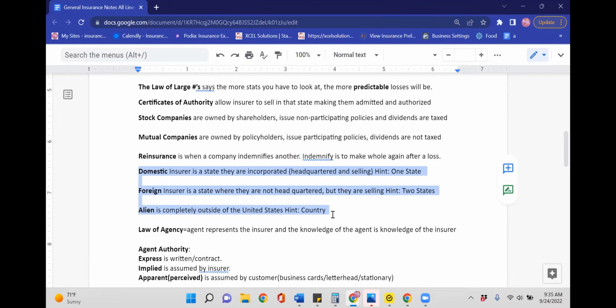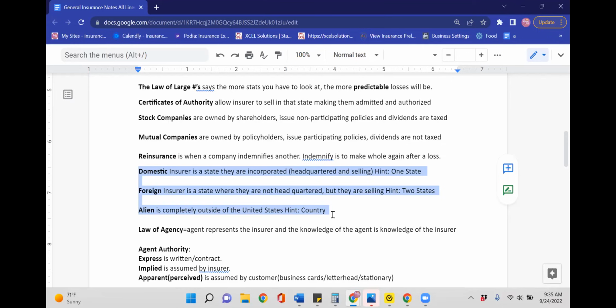Any business that you start, like even the Insurance Exam Queen business, whatever state I register my business in, my business will be written according to the rules of that state, because every state has different laws. Every state has different rules. So whatever state I am founded in is domestic. That's where I'm incorporated. That's where I'm headquartered. That's where I'm at home. That is my home base.